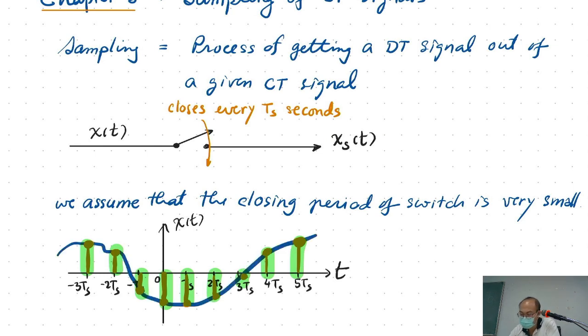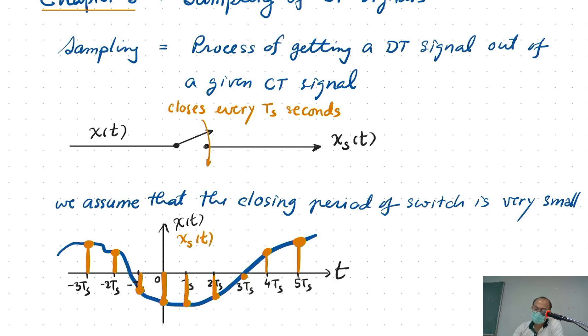Let me erase this one first. I don't think I need the blue shades. Now the blue bars are the xs, so let me indicate that here. xs(t) are the blue lines.